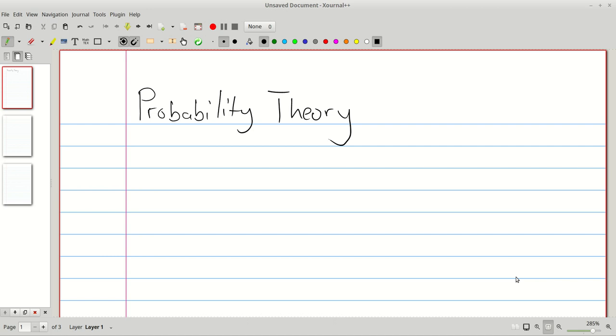We're actually trying to build an arsenal of tools that we can use to, later on, express our models in the best way that we can. So, having said that, let's actually get started with a bit of probability theory.